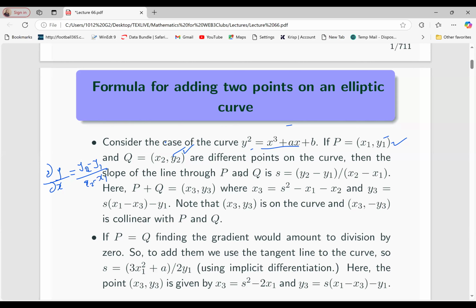This is how we find the gradient. I've denoted the gradient by S, so our gradient S will be change in y over change in x.